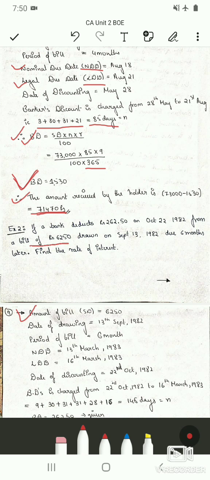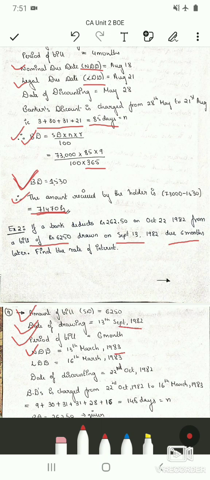Therefore nominal due date will be 6 months after 13th September. After September it is October, November, December. Then the next year, that is January, February, March. So 13th March is your nominal due date, but in the next year, 1983.